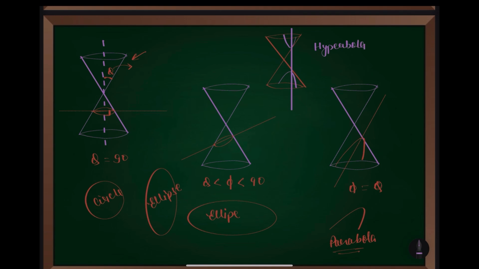In this case your phi is greater than theta. So in this case you will get a hyperbola.